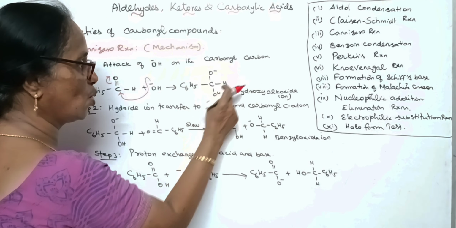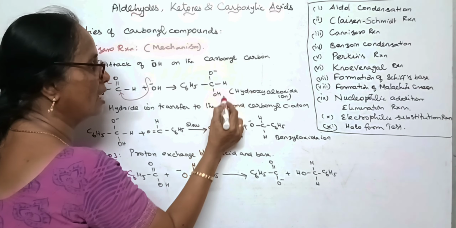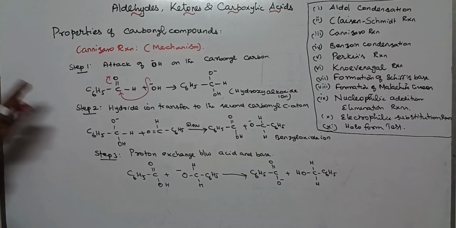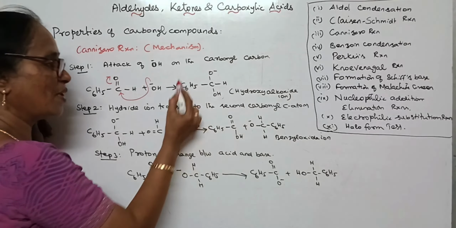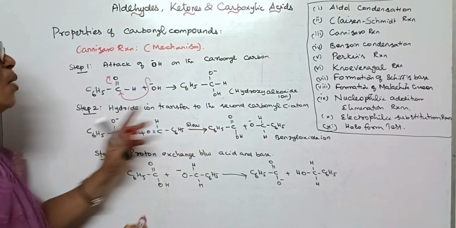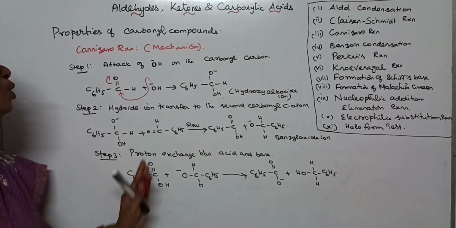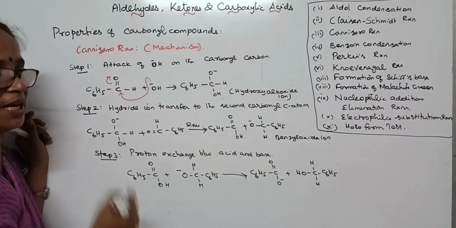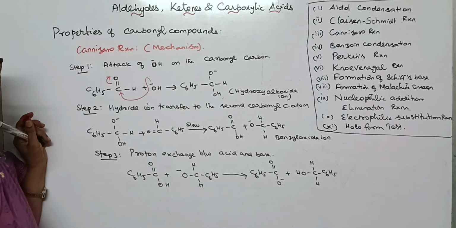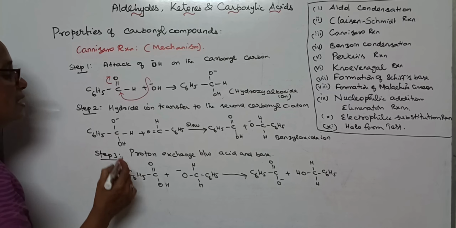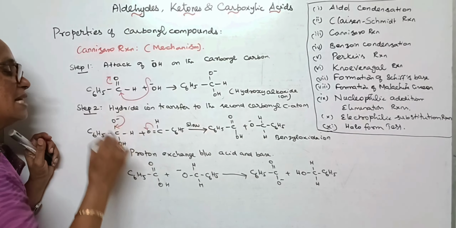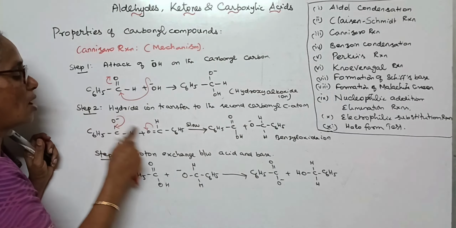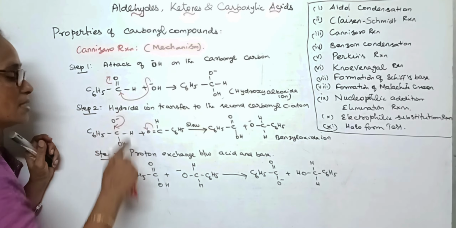It is a hydroxy alkoxide ion. In the second step, from this ion you have to transfer the hydride to another molecule of carbonyl, that is benzaldehyde, because we are taking two similar benzaldehyde molecules. So in this case you have to find the transfer of electrons among the carbonyl oxygen as well as the hydrogen.